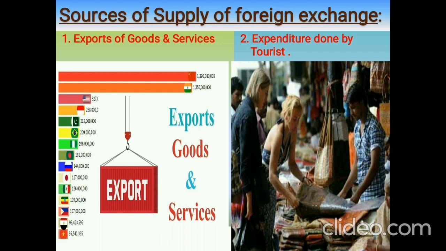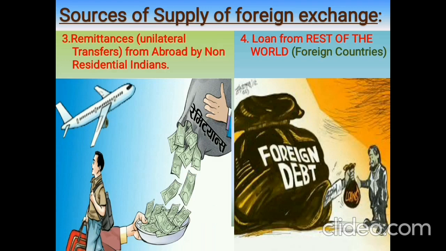So we move to three. Three is remittances or unilateral transfers from abroad by non-resident Indians. As you can see in the picture, many non-resident Indians are residing in various countries of the world.